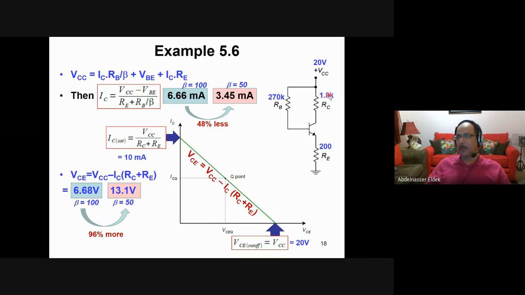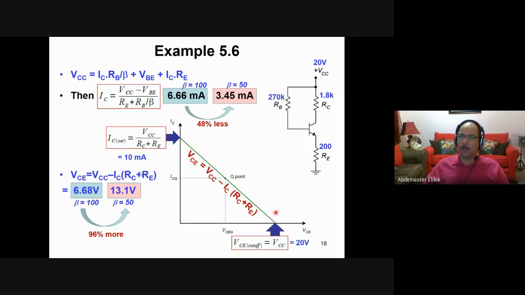So it will be 1.8K plus 200, which is 2K, because it is 1800 plus 200. So 20 volt divided by 2K will be 10 milliampere. And the other point is VCC, which is 20 volt. This is the load line now.